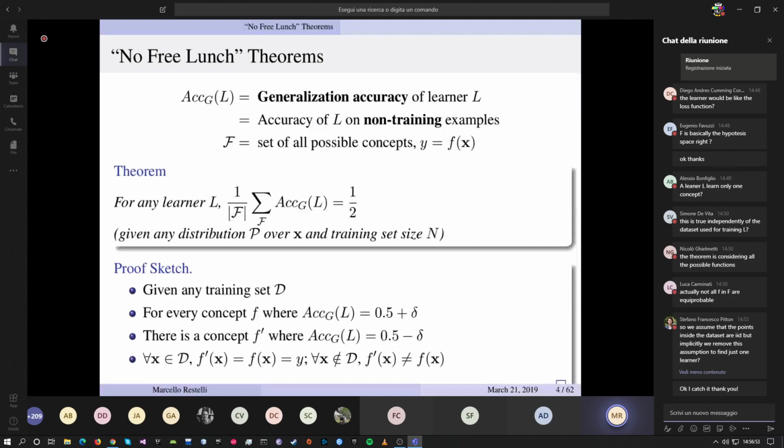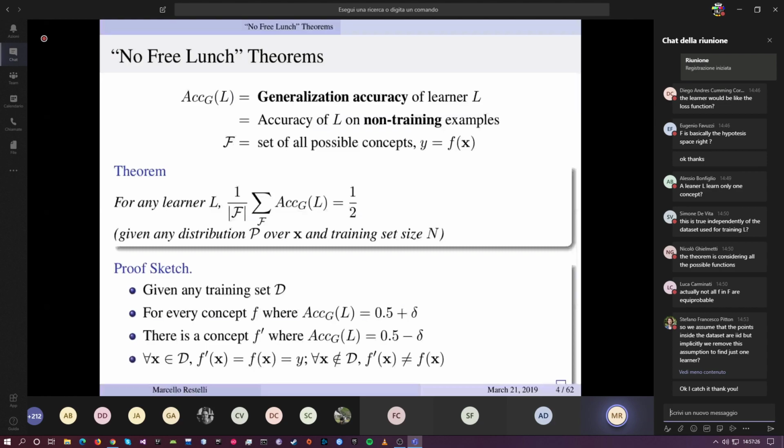And if all the concepts that are perfect over the remaining n minus 1 points have the same likelihood, the same probability, there is 0.5 probability that the sample that you do not observe is of class 1 and 0.5 that it is of class 2. And so any model that you learn will have an average accuracy of 0.5.